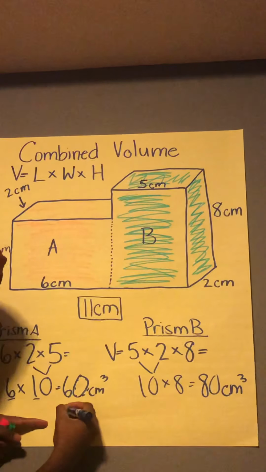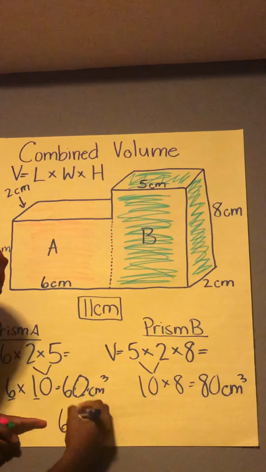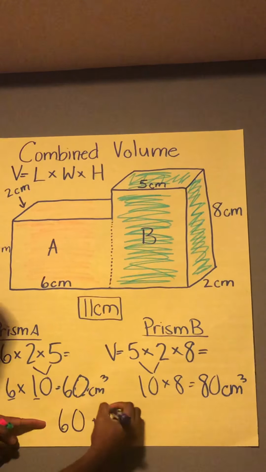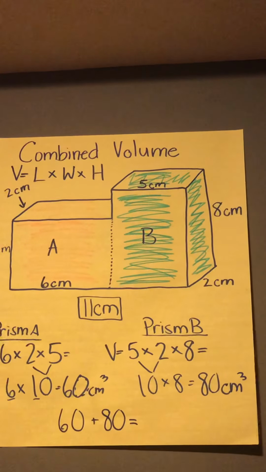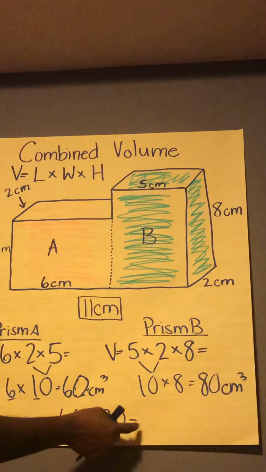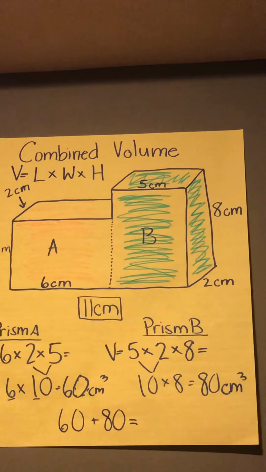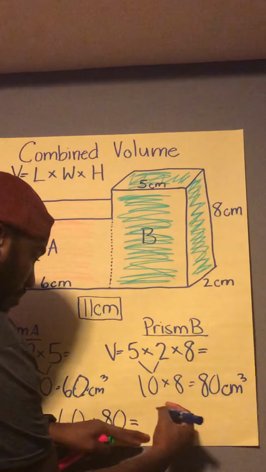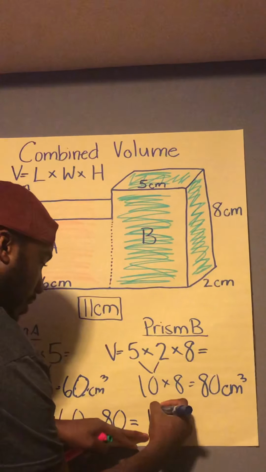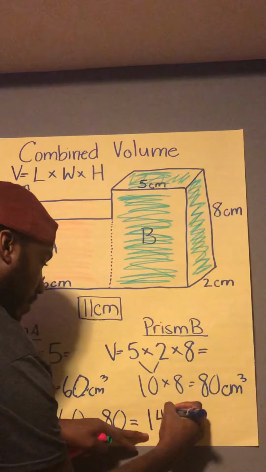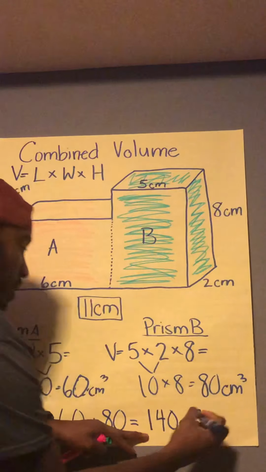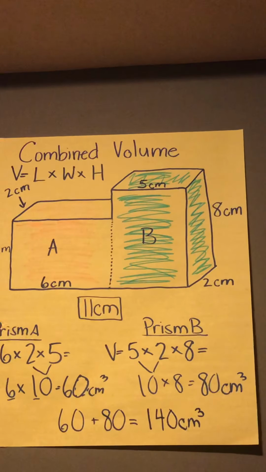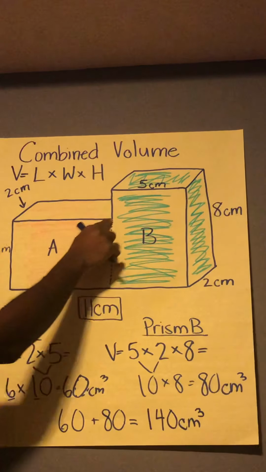So really I will be adding 60 plus 80, and we would get our answer of what the combined volume would be, which would be a total of 140 centimeters cubed.